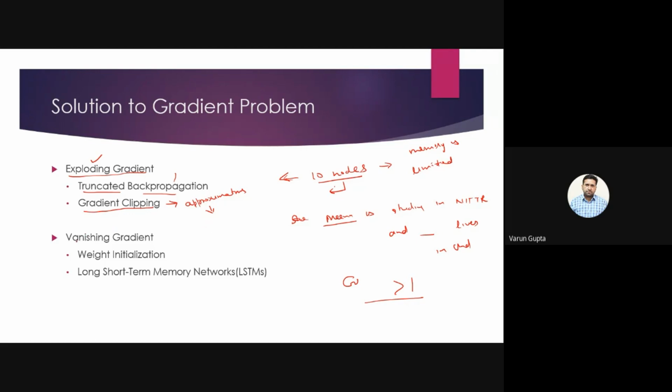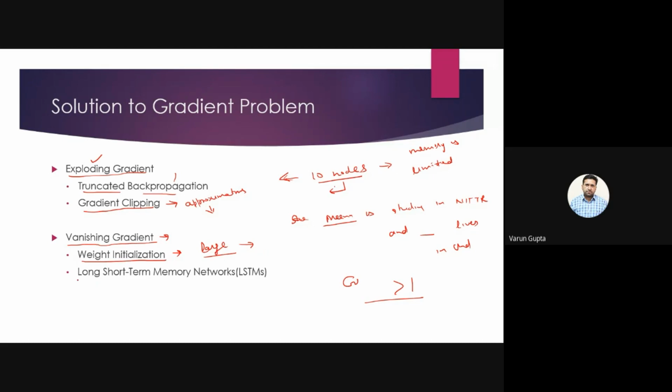And if it's a vanishing gradient problem, then that can be solved using this: you can initialize large weights so that when they travel back in time over a lot of nodes, still they have some good value with them.